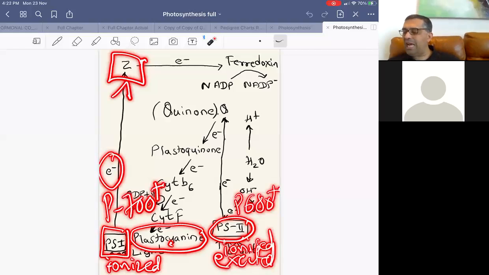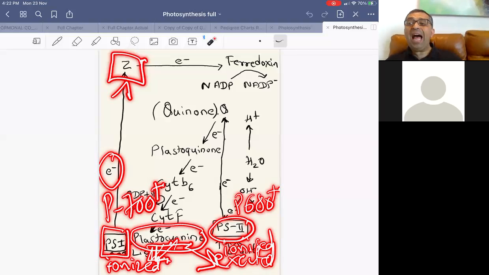So from plastocyanine, the electron can go to PS2 also, क्योंकि वो भी ionized है, to PS1 also, क्योंकि वो भी ionized है. But electron जाता किसके पास है? Electron goes from plastocyanine to PS1 because PS1 has got greater electronegativity compared to PS2.